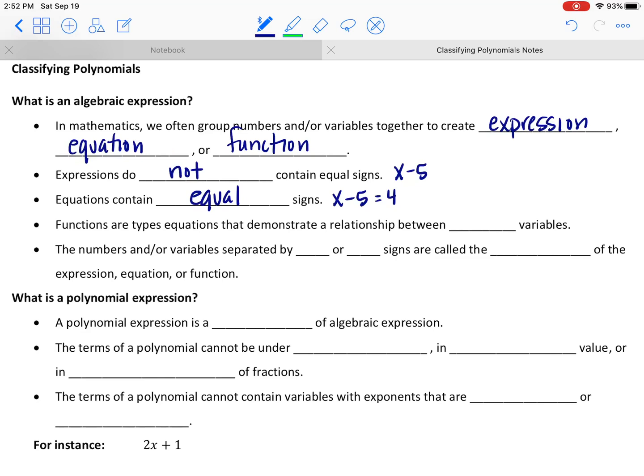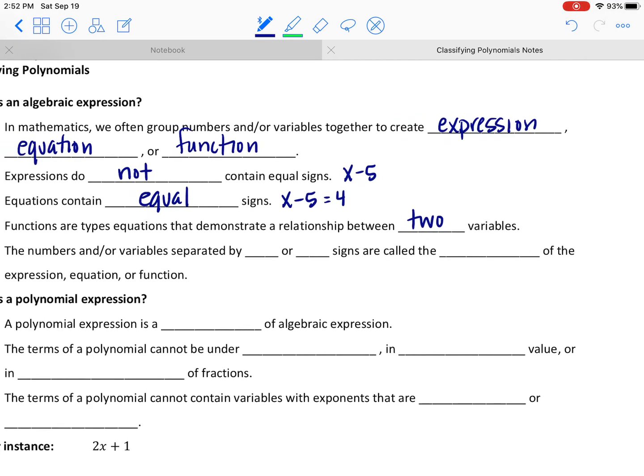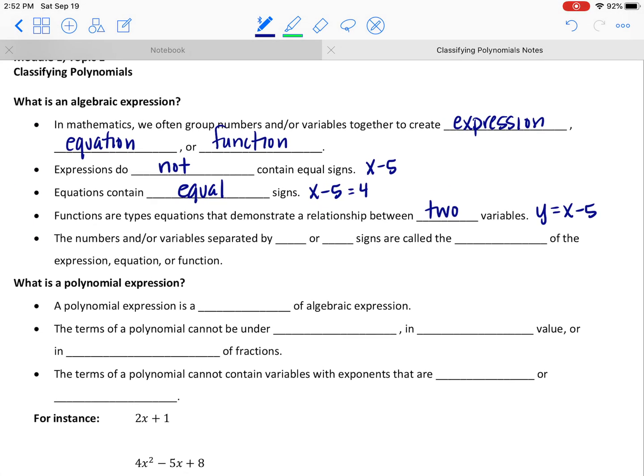Now, if your equation contains two variables, then you could have what we call a function. So functions are types of equations. Functions do have equal signs, but they demonstrate a relationship between two variables. So if this was a function, maybe it would be something like y equals x minus 5. Okay?